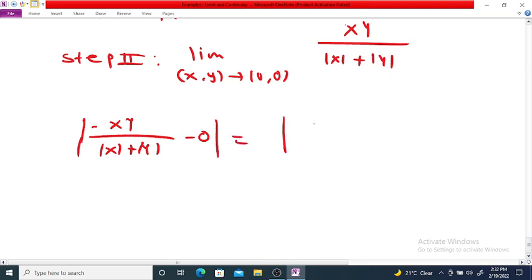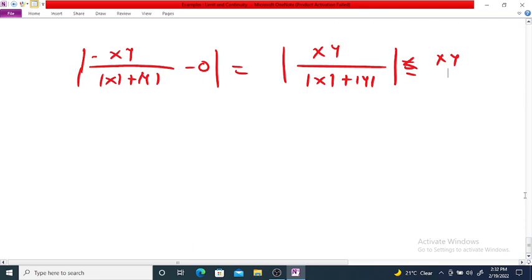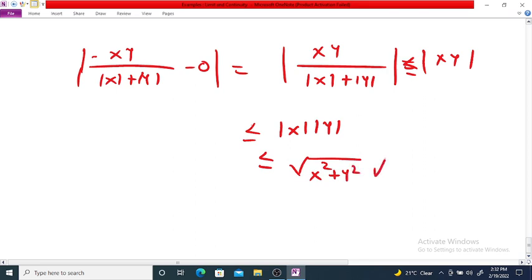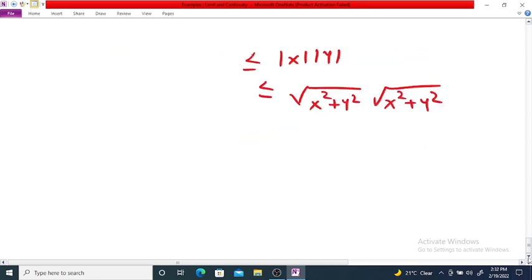This is equal to the mod of xy divided by mod of x plus mod of y, which is less than or equal to mod of xy, since the denominator is greater than or equal to 0. That is less than or equal to mod of x into mod of y, which is less than or equal to square root of x square plus y square into square root of x square plus y square, as mod of x is less than or equal to square root of x square plus y square.